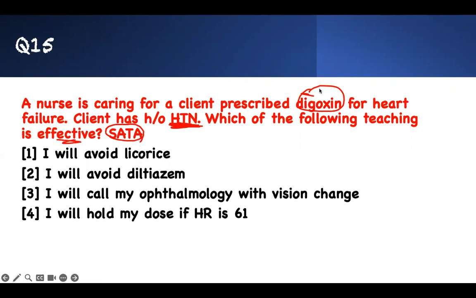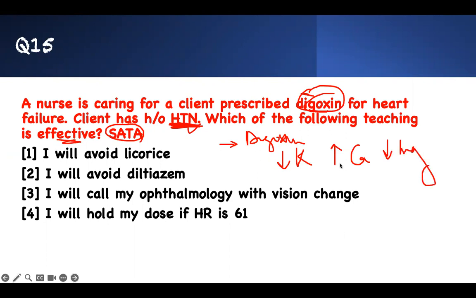I have CHF, giving digoxin, and hypertension. Which one is effective? That means I'm dealing with a digoxin question, right? What should I avoid? Low potassium, high calcium, low magnesium. Okay, that's key, right? I should avoid it.